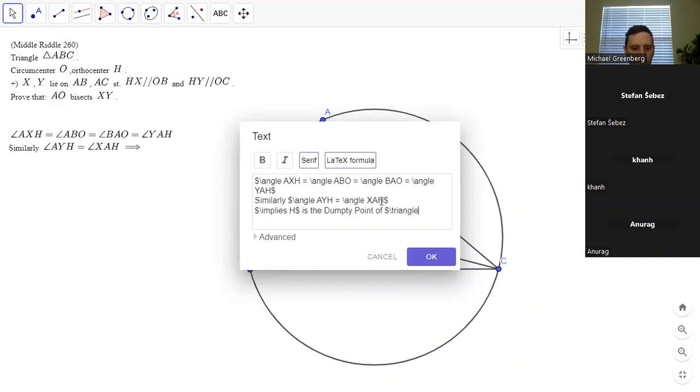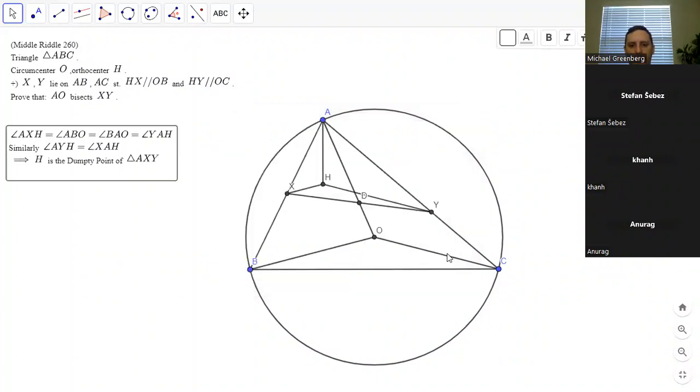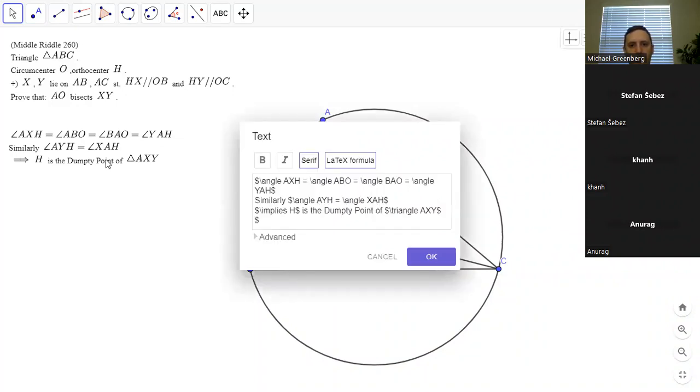And that means that AH is the median of AXY, which means AO is the median.